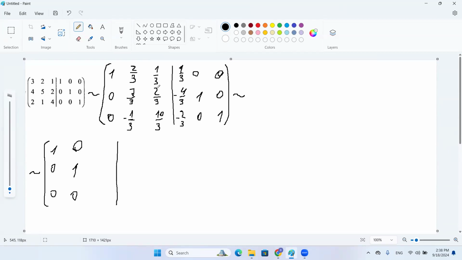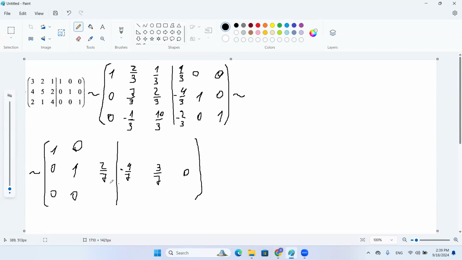Here 2 over 7, here -4 over 7, here 3 over 7, attentive, and here is 0. And now we will have to calculate the missing coefficients.